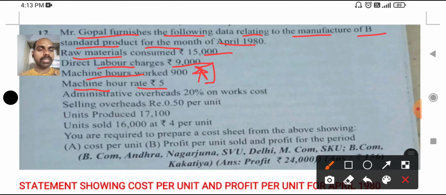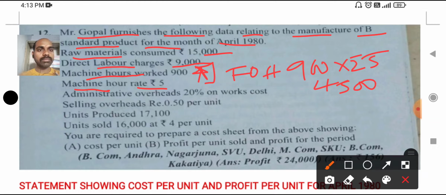So this comes under factory overheads. 900 machine hours into rupees 5 per hour, 4,500 we need to take as factory overheads.